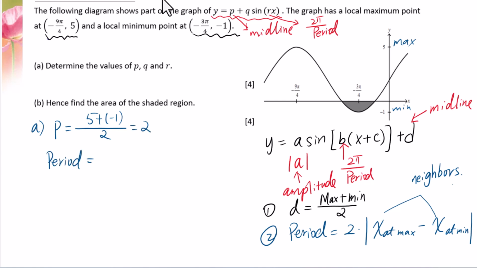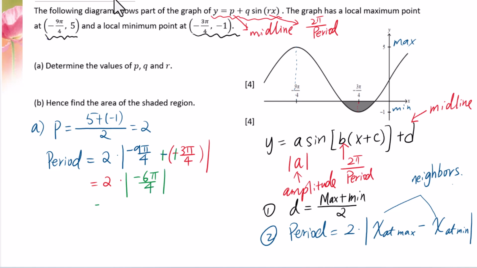The period equals 2 times the absolute value of the x coordinate at maximum, -9 pi over 4, minus the x coordinate at minimum, -3 pi over 4, which equals 2 times the absolute value of -6 pi over 4, since negative becomes positive, which equals 3 pi.